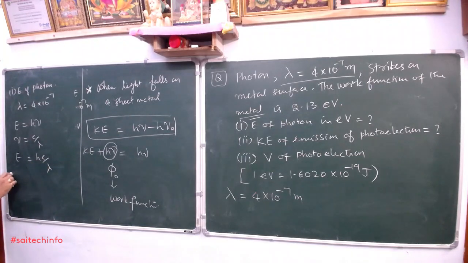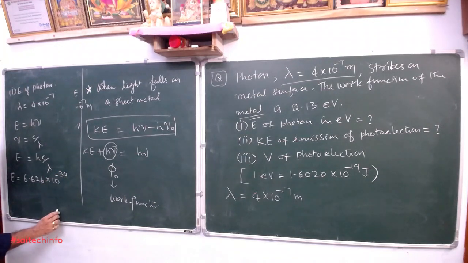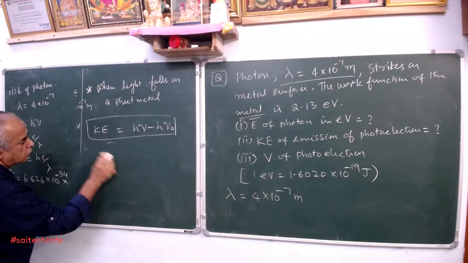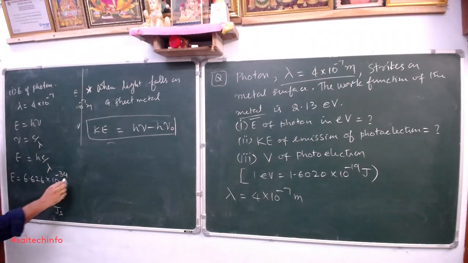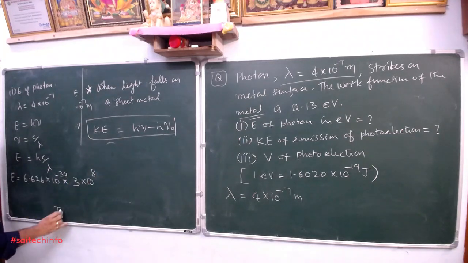So E is equal to, what is the value of h? Planck's constant, 6.626 into 10 power minus 34, and you have to put joule second here. Then divided into, then 3 into 10 power 8, and here meter per second, is it not?